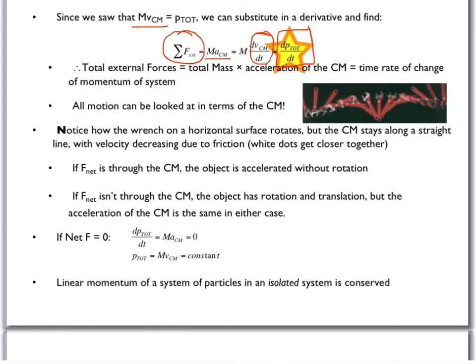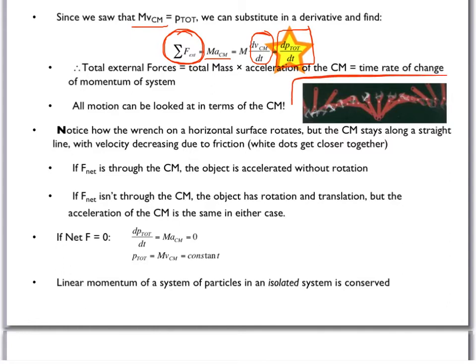The total momentum of the system will only change when there is some sort of total sum of these external forces acting on the system. And the total external forces will be equal to the mass times the acceleration of the center of mass, or that time rate of change of the momentum of the system. Again, this really means that all motion can be looked at in terms of the center of mass.